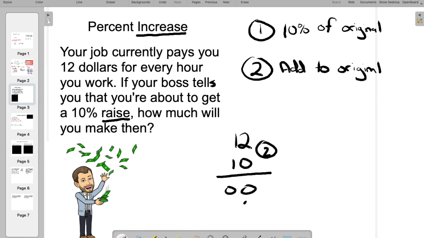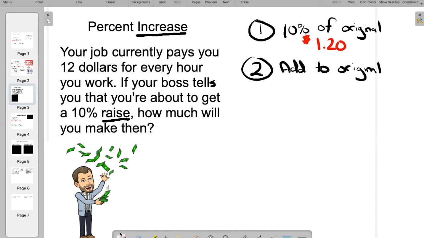Once again, we're going to go quickly through this because we have done so many of these recently. And I get $1.20 is 10% of the original number. All we do from here is we add that $1.20 back to $12.